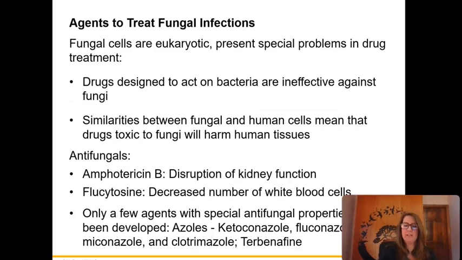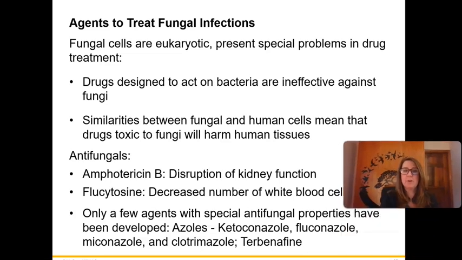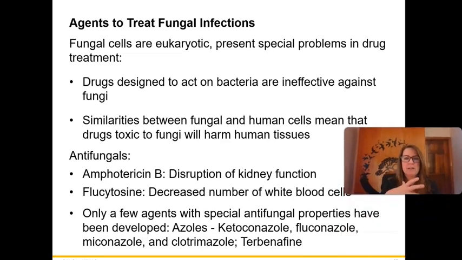Okay. Moving on, fungal infections. Probably the most common fungal infections that you know of would be things like yeast infection. There's yeast infection of the groin, of the vagina, of certainly skin, toes, and things like that. When we are looking for those kind of medications, they really stick out in my mind because many of them end with azoles, so the azoles: ketoconazole, fluconazole, miconazole, and clotrimazole.